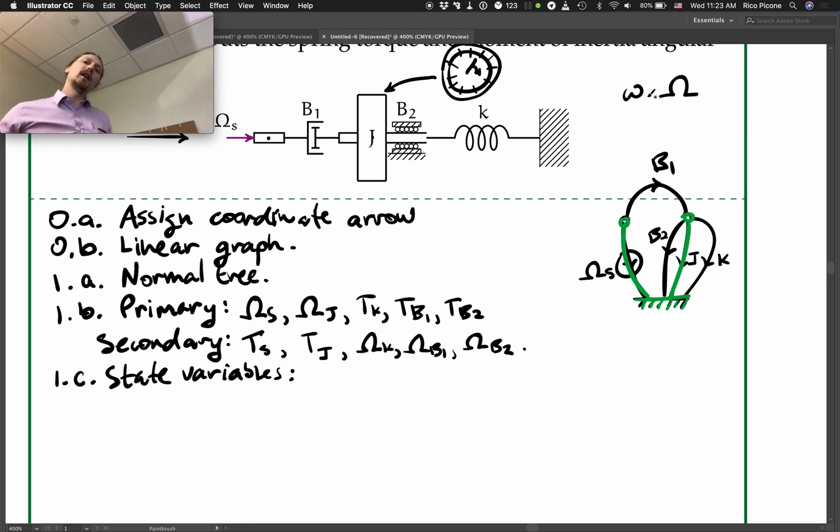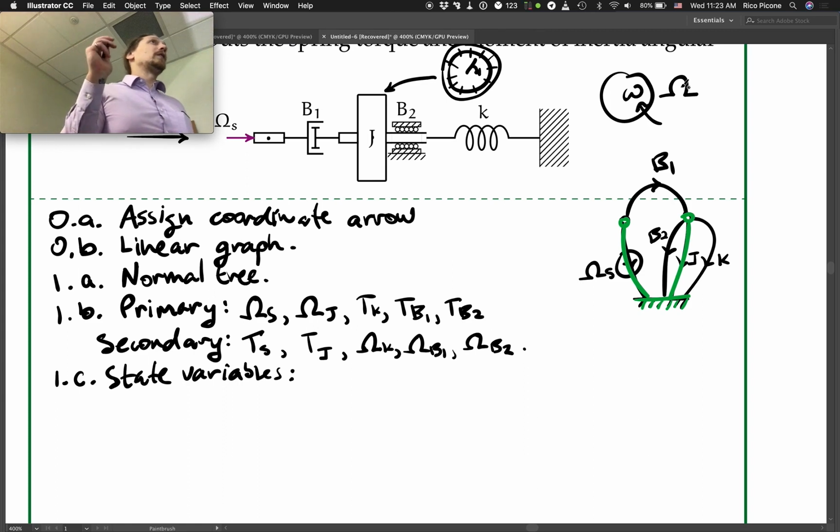So it depends on context. You could do these all with little omega as your angular velocity if you wanted to. We use capital. The reason we use capital instead of lowercase usually in these problems is that we are trying to avoid using this lowercase omega, because we use it a lot when we get to the so-called frequency domain or the frequency analysis, which we won't get to this semester, but we'll get to next semester.